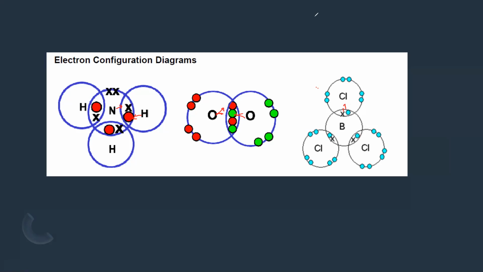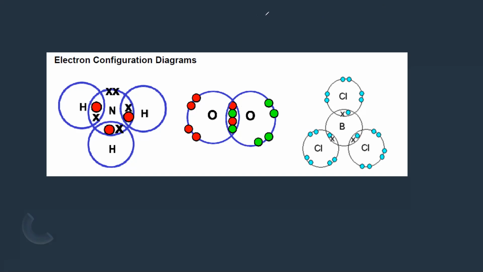Then we call it a dative covalent bond, or dative bond. That's the main difference. Both are covalent bonds, but in a simple covalent bond, each of the elements forming the compound brings its own electron. But in a dative bond, both of the electrons are from one atom.